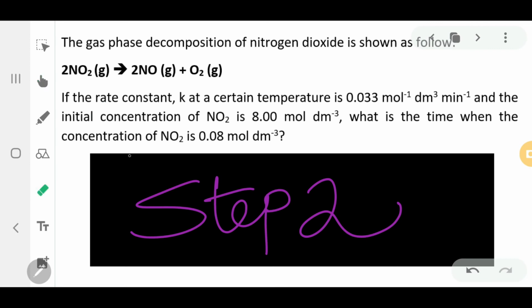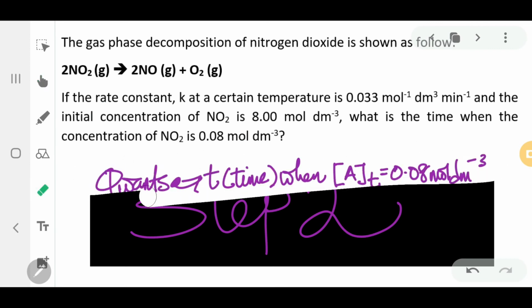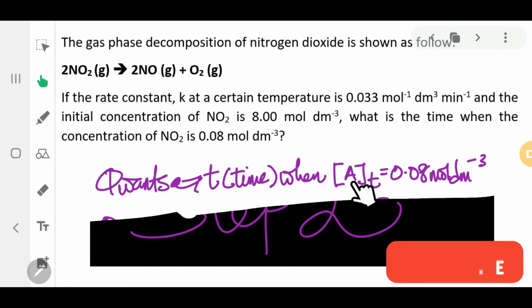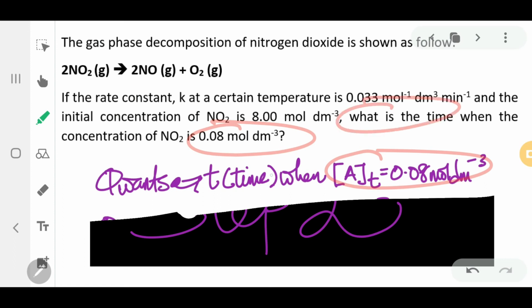Now, step 2, you need to find out what the question wants. The question wants you to find the time when the concentration at a given time is 0.08 mole per decimeter cubic. That is what you are given, and the question wants you to find the time.